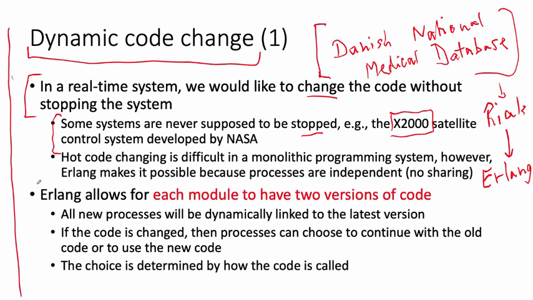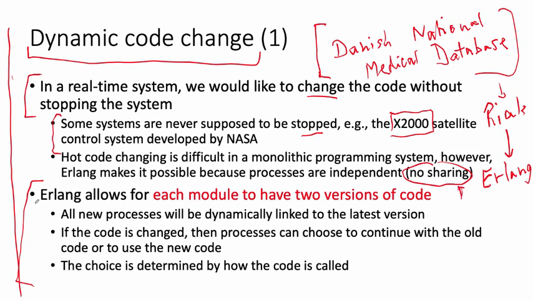The way it works in Erlang, first of all, it works because processes are not sharing. So if I update the code in one process, it will not affect the code in the other one. So it's easy to update part of the system because there's no sharing.